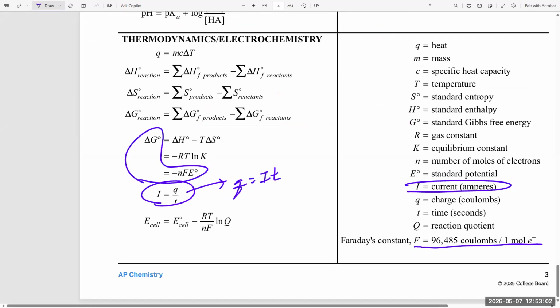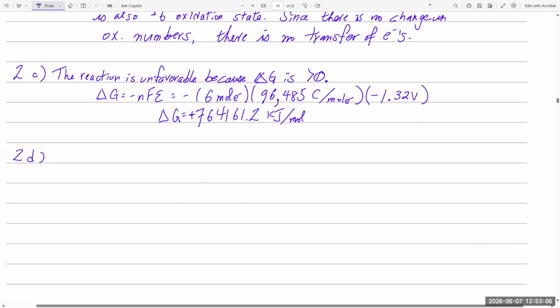So our current was 15.0 amps. Amps is coulombs per second, times the number of seconds in the problem. Let me look here. 3250 seconds.